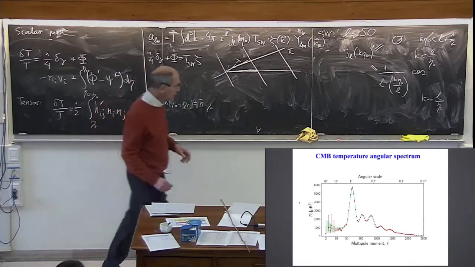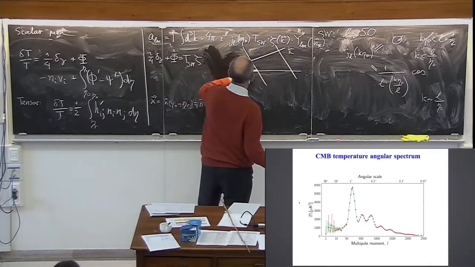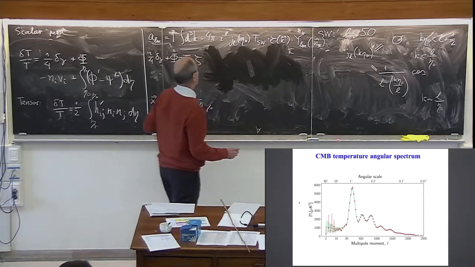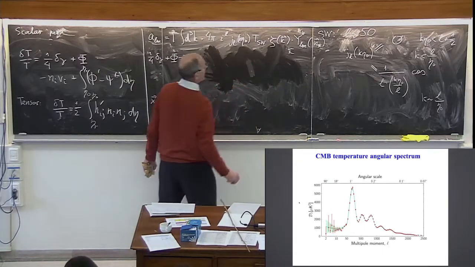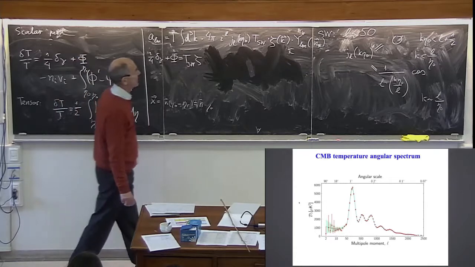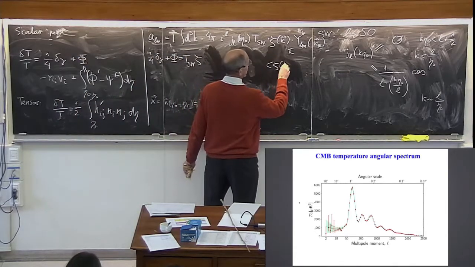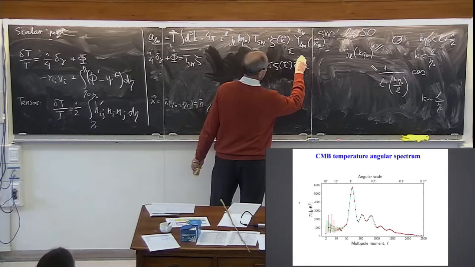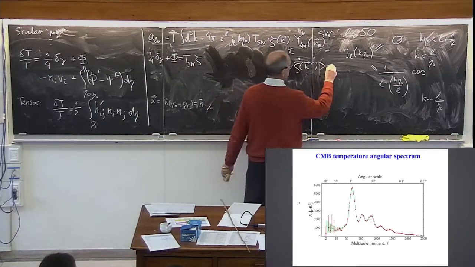All right, with this understanding, you now calculate C_L, right? C_L is just the average of the square of this thing. And remember, my zeta has the property that its average is proportional to the delta function.